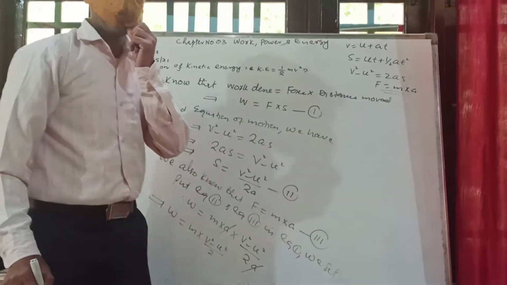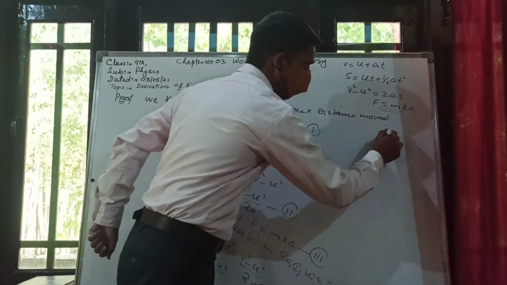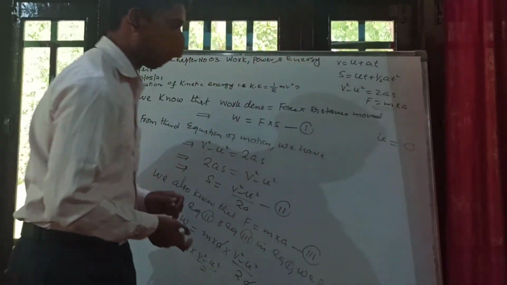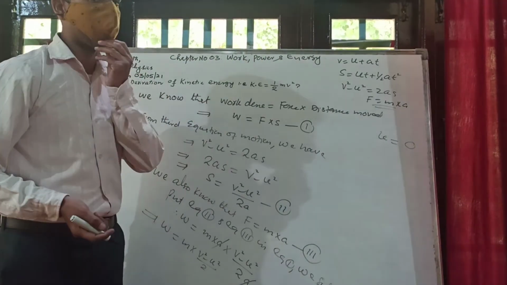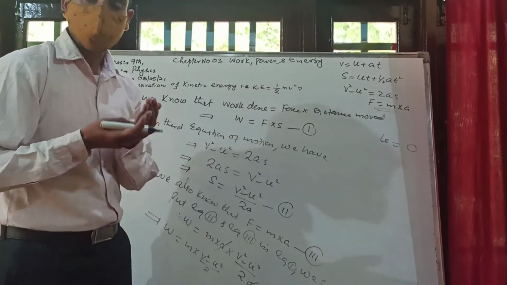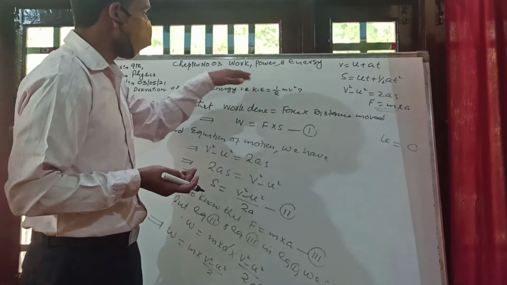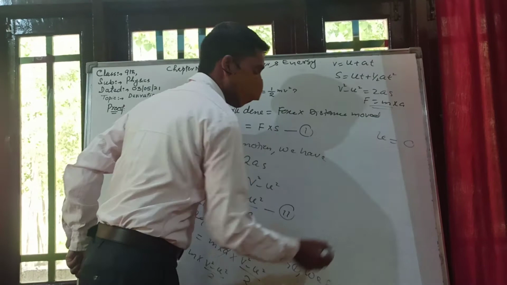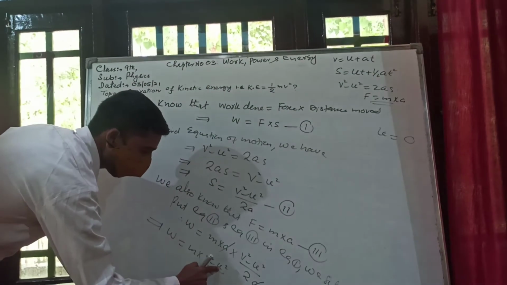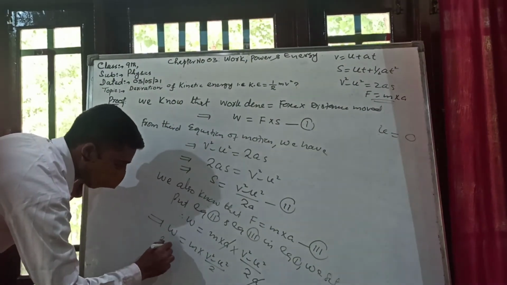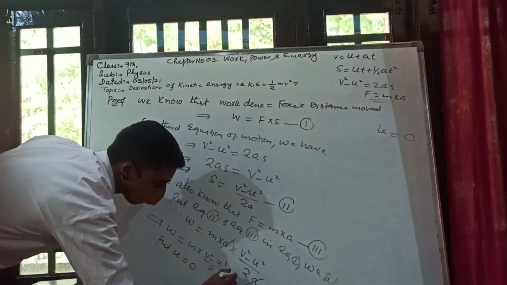You know that when a body is at rest, its initial velocity is 0. We are discussing kinetic energy. It means that before the body starts in motion, the body is at rest. Therefore, u is equal to 0. I will put u is equal to 0.